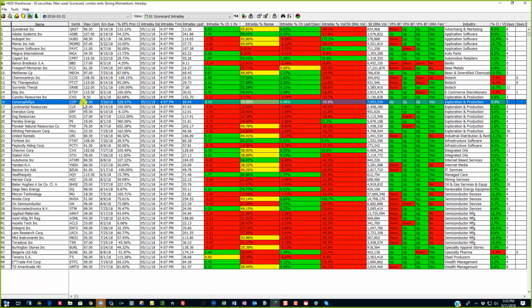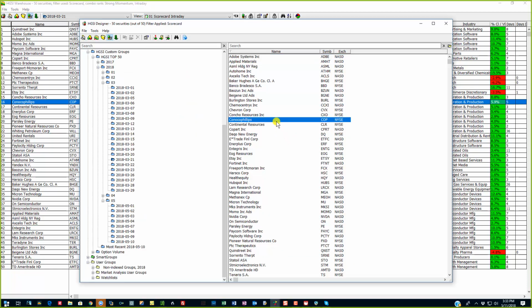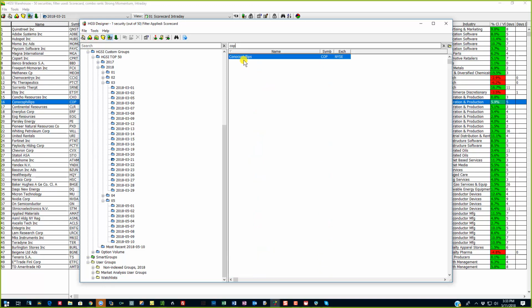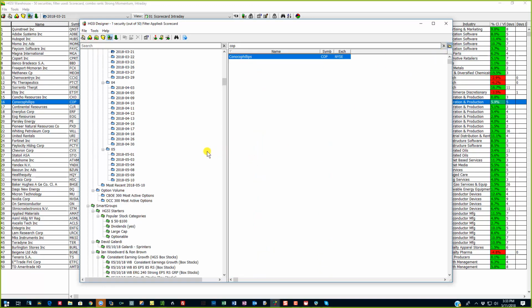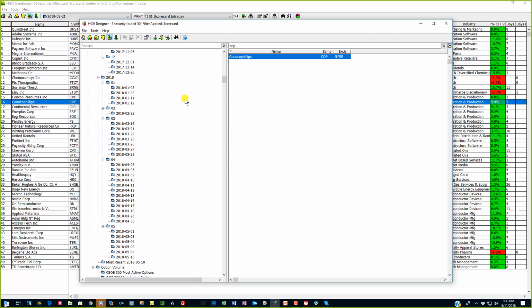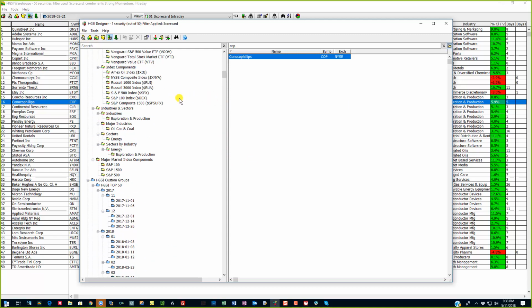Now this is just one example. I could find a lot of exploration and production examples that occurred, but let's do this in addition. If I click on the designer up here and type in COP and make this folder blue here, it goes over to the database.